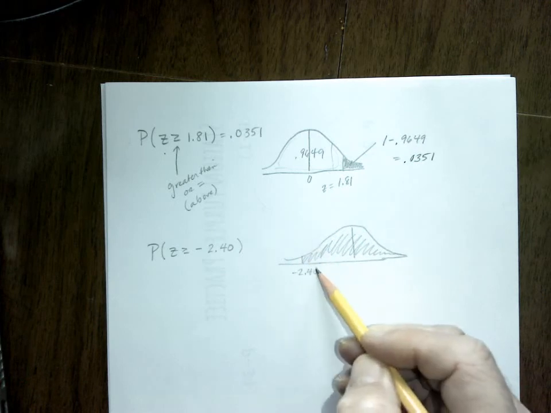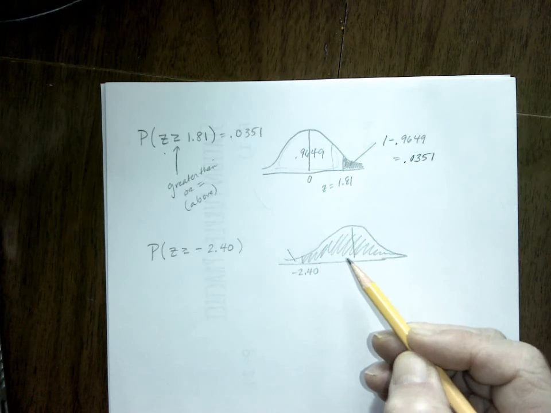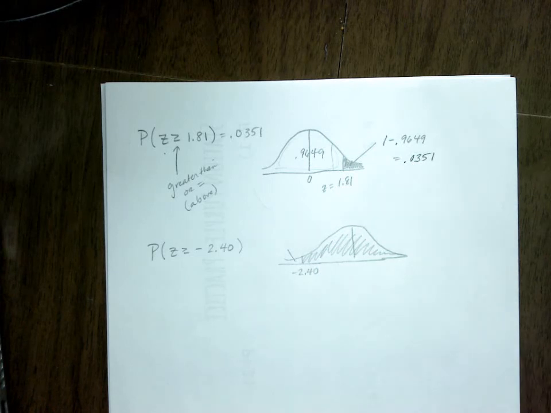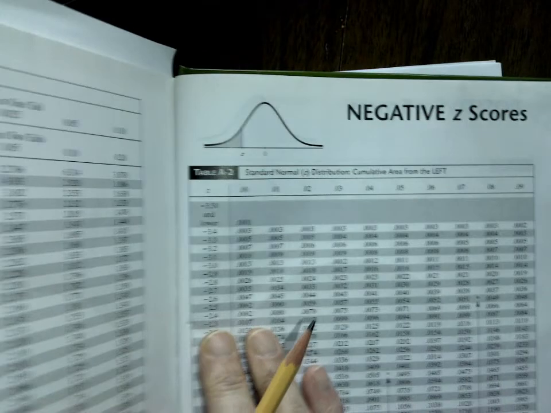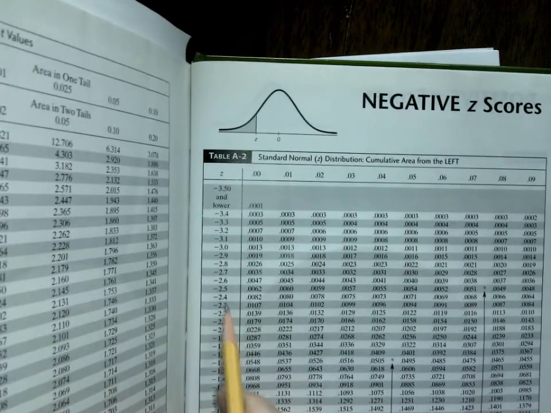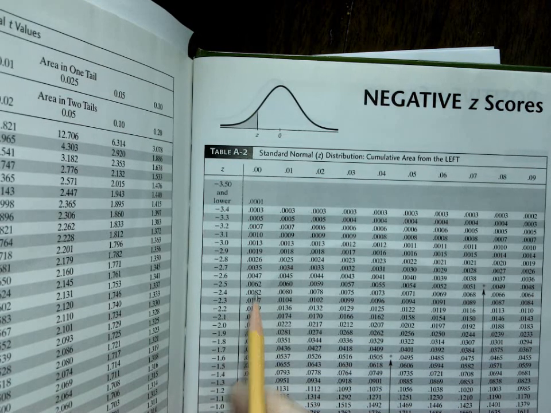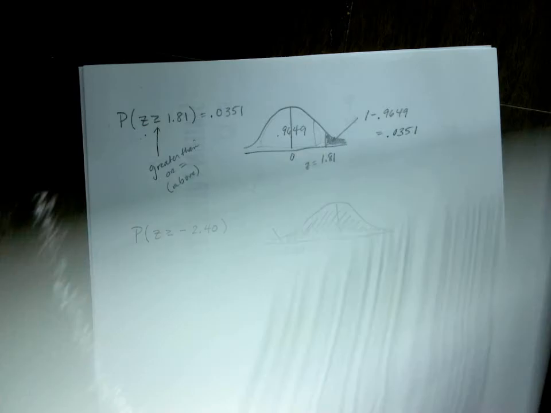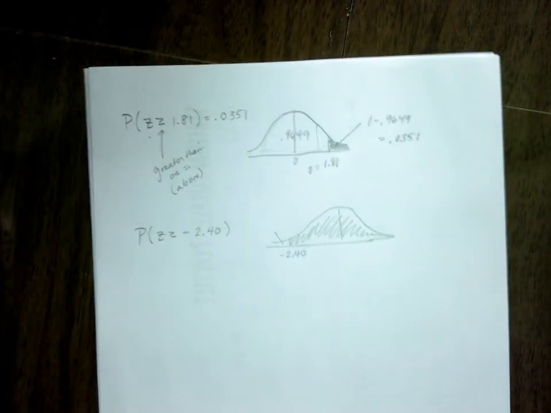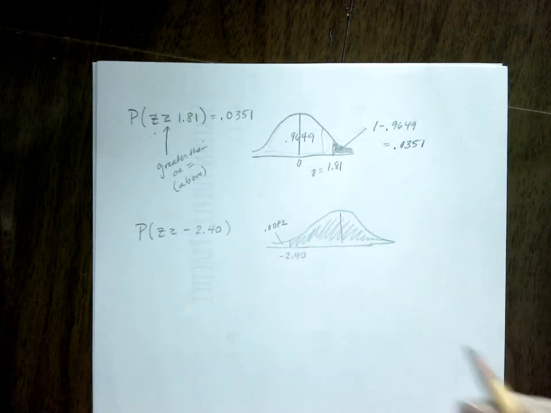Keep in mind, when I look it up, the area I'm going to get is this one, which is not what I want. So let's look up negative 2.40. Negative 2.40 is 0.0082. But again, that's that tiny tail, 0.0082. So 0.0082 is this.